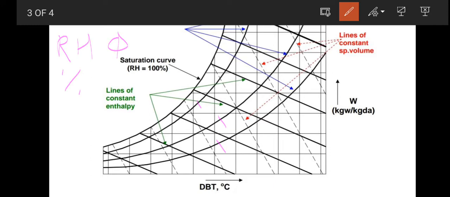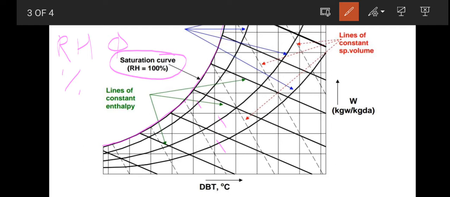The 100% relative humidity line is indicated as the saturation curve. That means the left hand side of the psychrometric chart is bounded by this saturation curve.